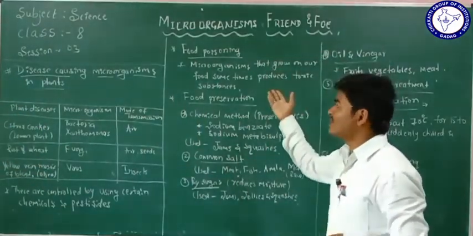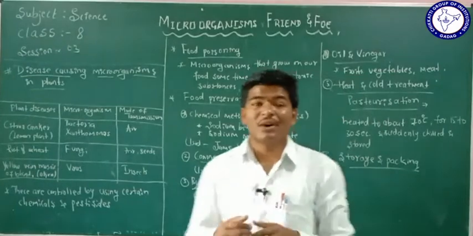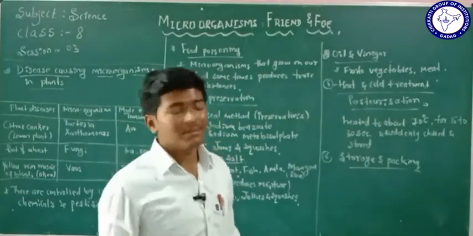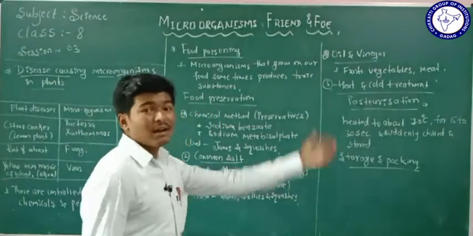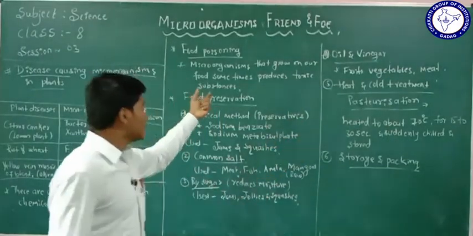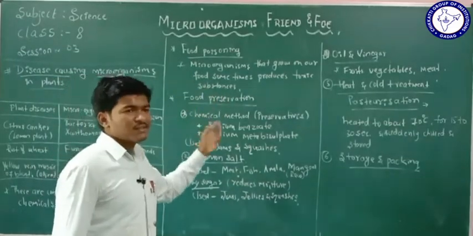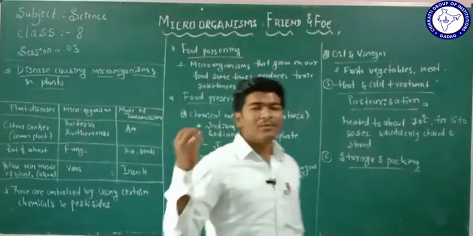What is food poisoning? What causes food poisoning? Food poisoning is caused by some microorganisms called bacteria. Microorganisms that grow on our food sometimes produce a toxic substance. As you know already, microorganisms grow on our food materials.